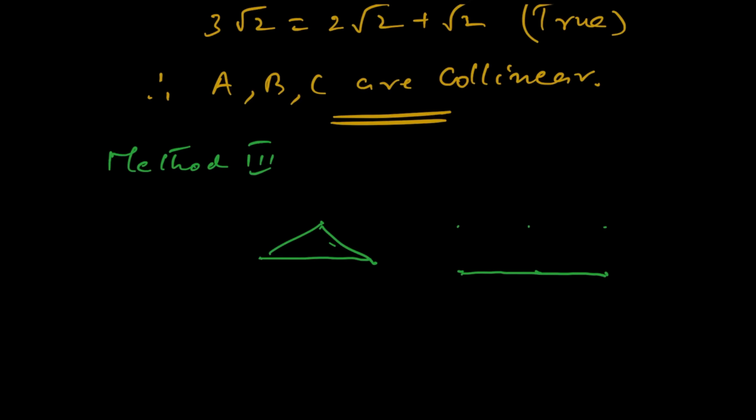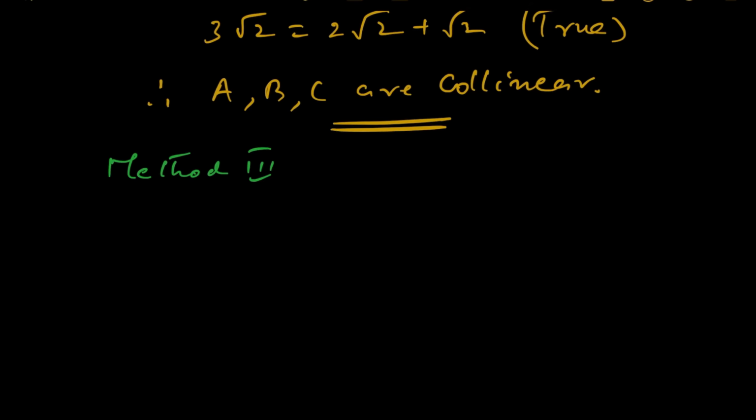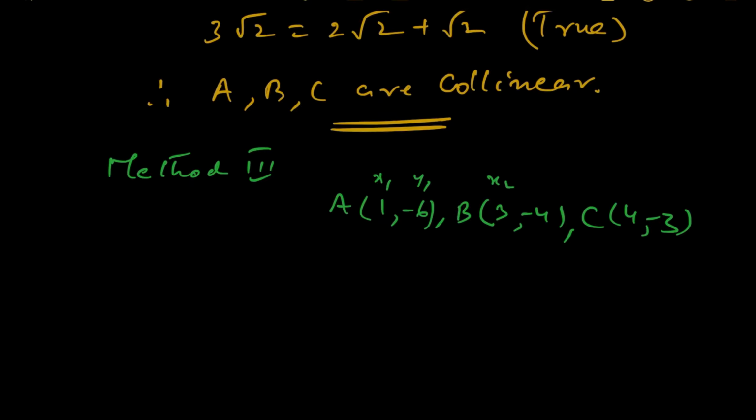This property we shall utilize here to prove that these 3 points are collinear. A is 1 comma minus 6, B is 3 comma minus 4, C is 4 comma minus 3. Suppose these are x1, y1, x2, y2, x3, y3.